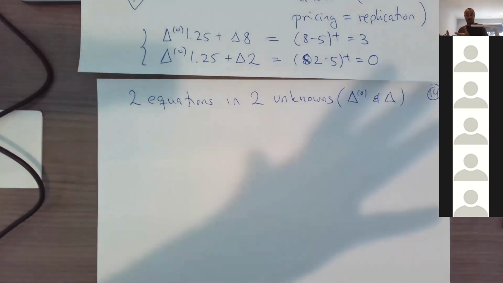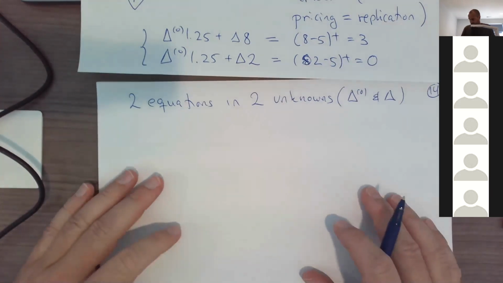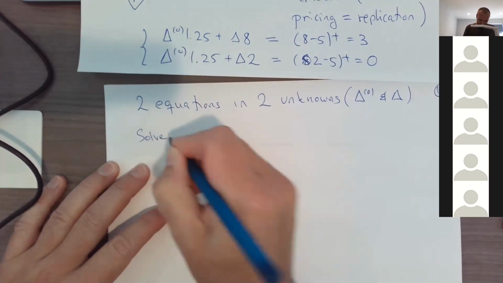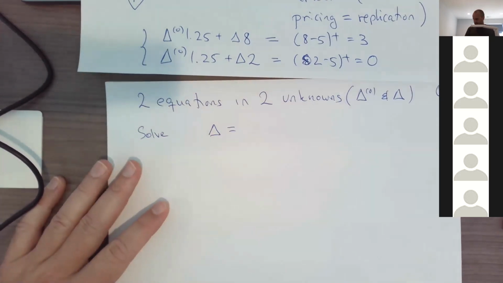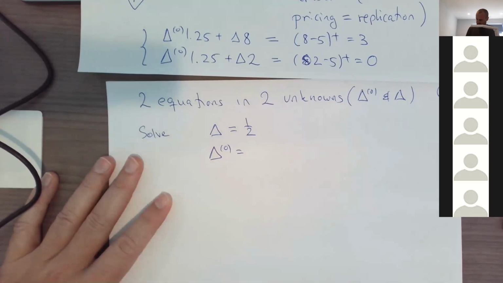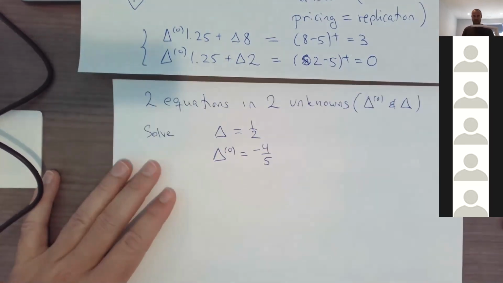If you don't know how to solve two equations and two unknowns, you need to figure out how to do it quickly, because you're going to be doing this a lot in this class. If you go ahead and solve, you're going to get delta to be a half, and delta naught is minus 4 over 5.